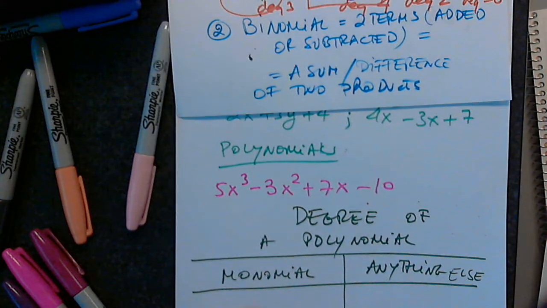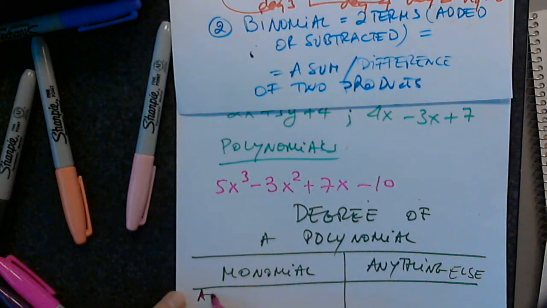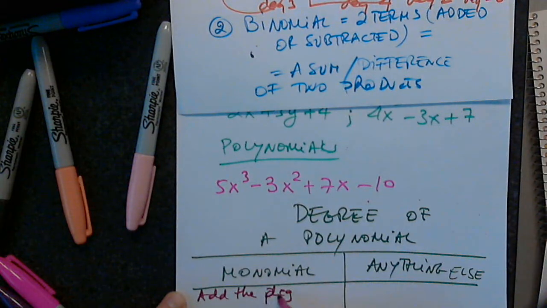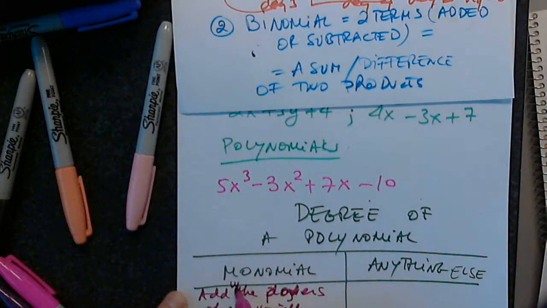So in summary, how do I find the degree of a monomial? I add the exponents, or the powers, of all variables. I add up the powers of all variables.